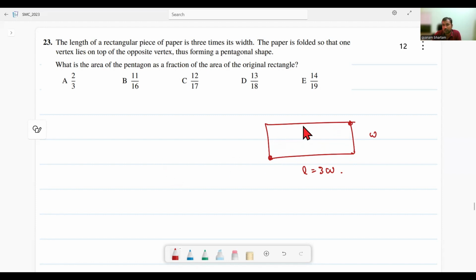If we join it, from somewhere on this side it will go up, and this is how it should look. If we just fold it, I think not this way.